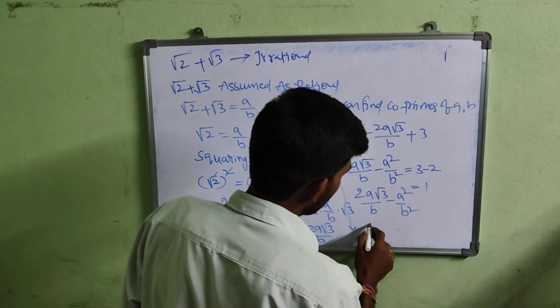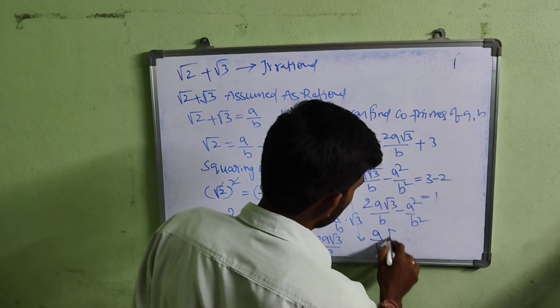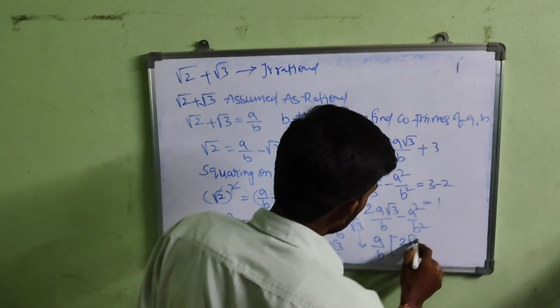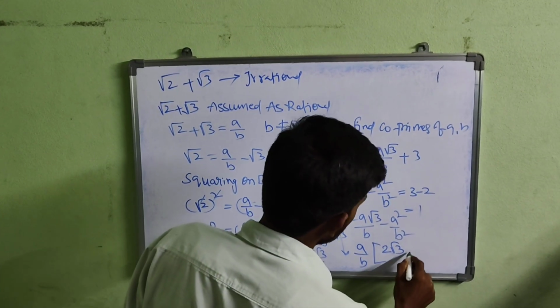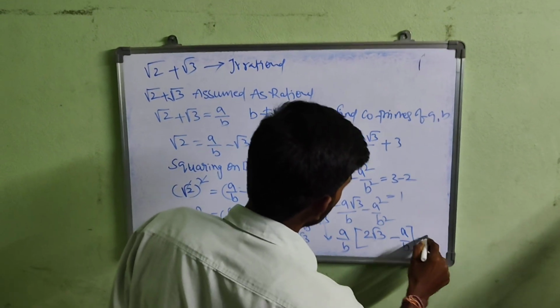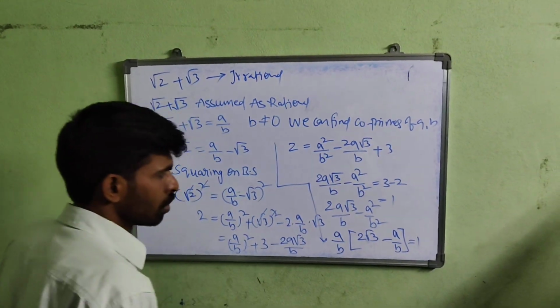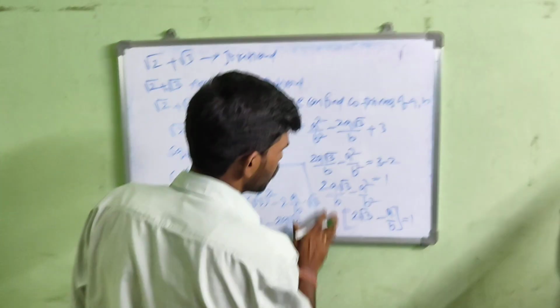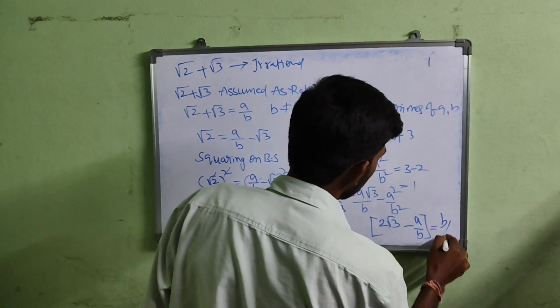From this we can take a by b as common: a by b into 2 root 3 minus a by b equals 1. Taking this to the other side, it becomes b by a.